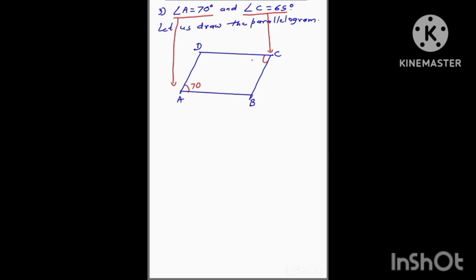We can clearly check that these two angles are opposite angles, and by the property, opposite angles of a parallelogram are to be congruent.